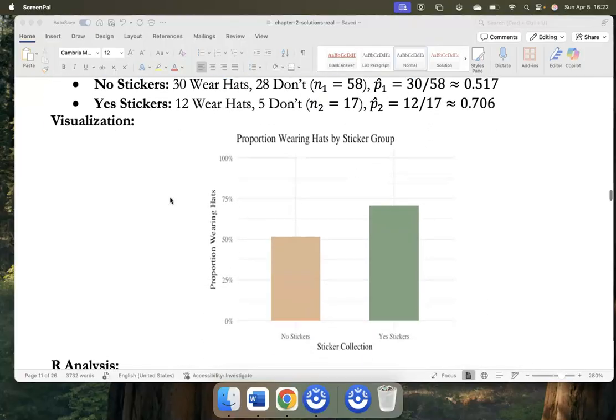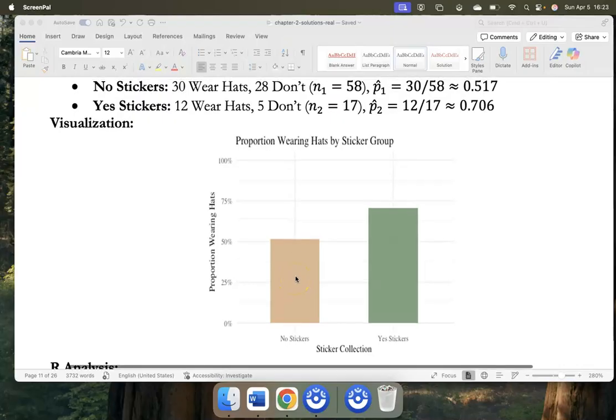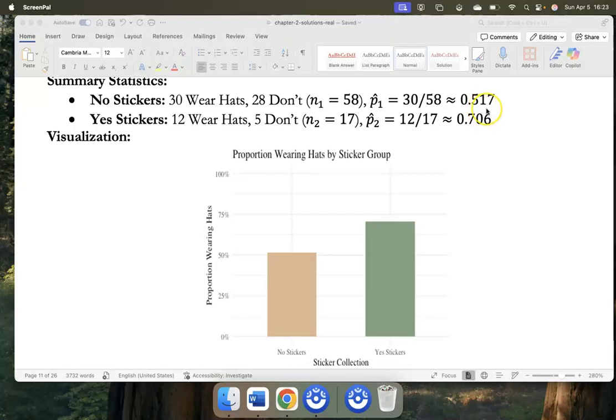All right, and so here we have the proportion of those that wear hats but don't collect stickers, and those that do collect stickers. That gives us the 0.7 and the 0.51.